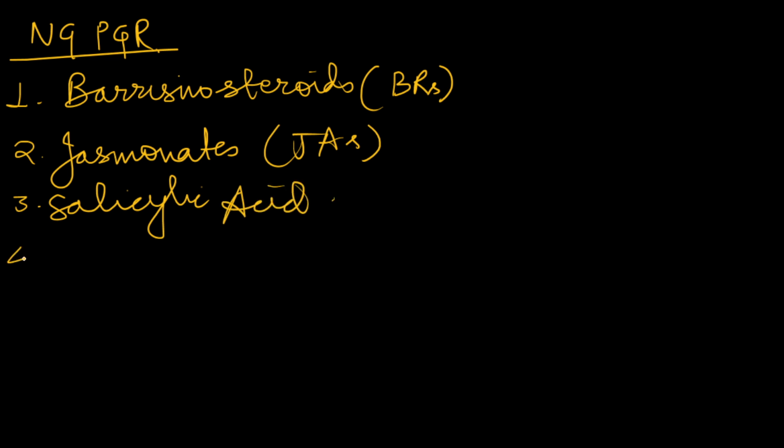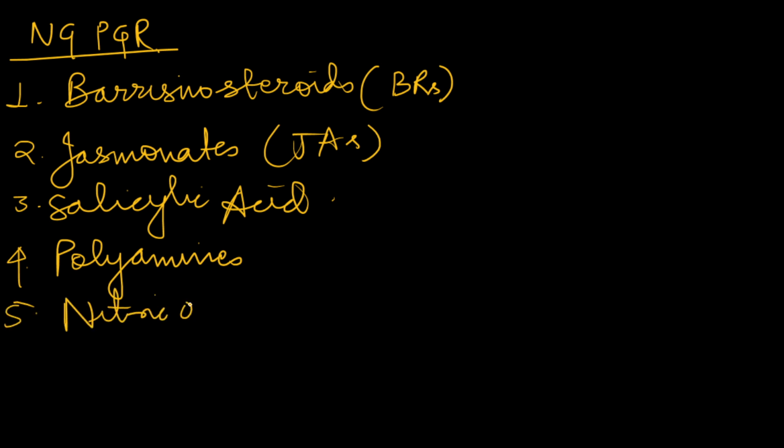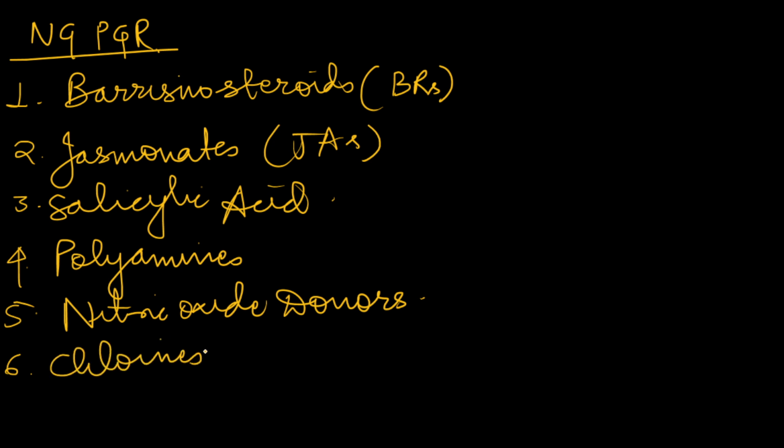Then we have polyamines. Then we have nitric oxide donors. Then we have others such as choline chloride, and GRs, that is synthetic analogs. So all these you can mention, 5-6.